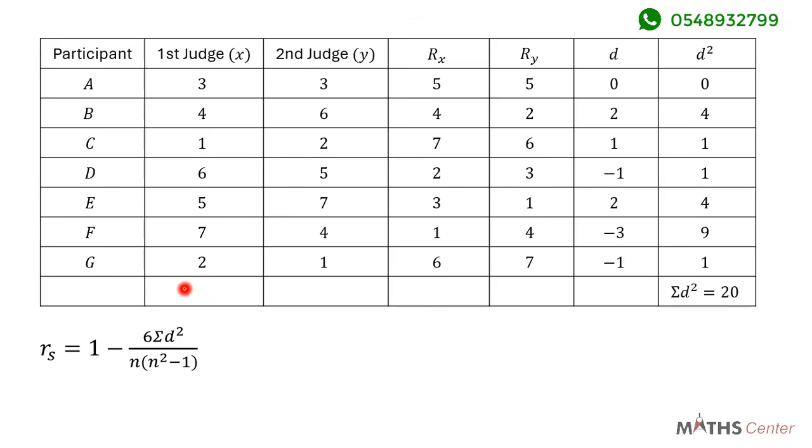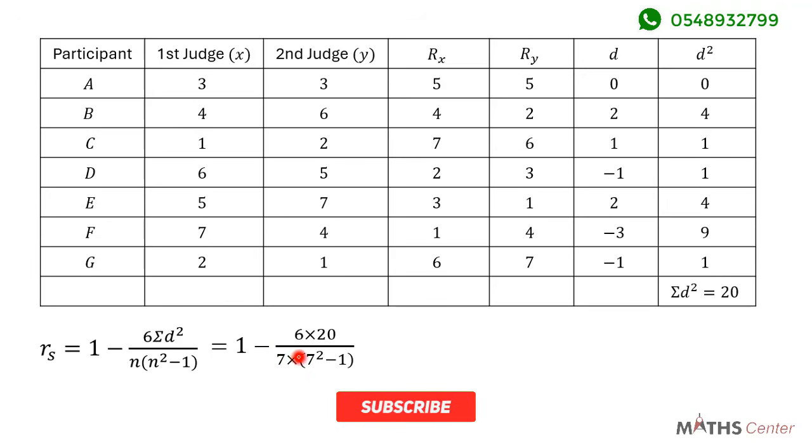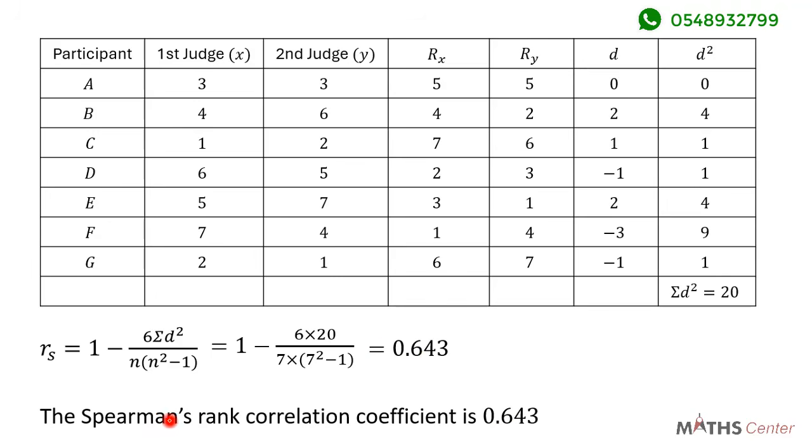So n is 7. When we substitute that information here, we have 1 minus 6 times 20 divided by 7 times into bracket 7 squared minus 1. And this gives us 0.643. So the Spearman's rank correlation coefficient is 0.643.